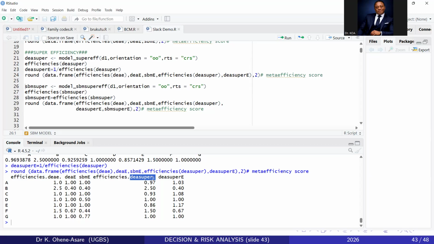That makes super efficiency a very good method. Looking at the first one, the DEA, against the super DEA, what can you say about the result? Anybody?